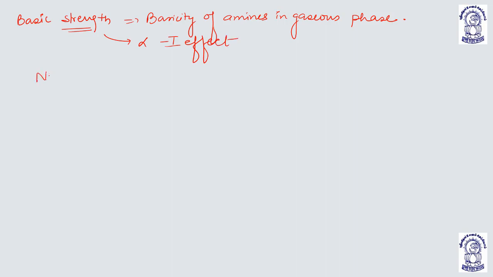For example, this is ammonia having the lone pair. When we attach a methyl group, then the available electron density will be high because CH3 is electron releasing. So if CH3 is electron releasing, N will acquire more electron density, more negative charge, and it will easily accept the protons. Okay, so the proton accepting power is more in primary amine in comparison to ammonia.